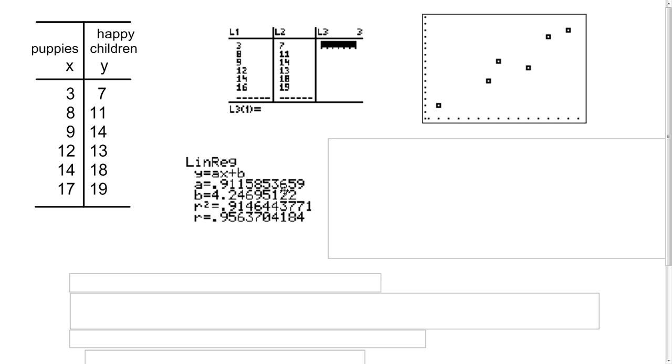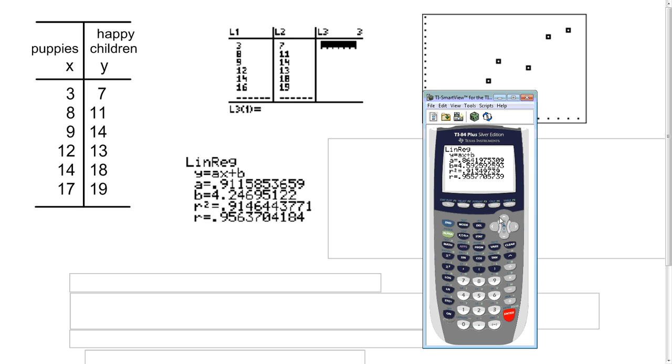So we have this information here. Now if we want to go ahead and plot a line on our graph, let's do that. I'm going to go to my y equals, and we need to type in the equation of the linear regression line. So it's going to be y equals, and this a term here is going to be our slope. So 0.912 roughly times x.